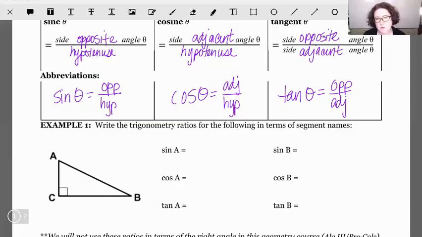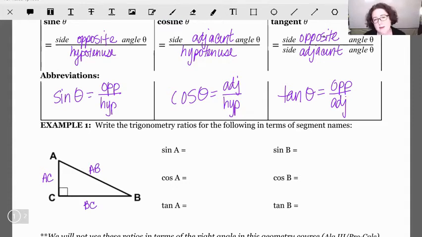So let's look at example one and start filling in some actual values to write equations. We're going to use the segment names on here, so again, it might help to label. We have segment AC, segment BC or CB, either one would be fine, and then we have our hypotenuse segment AB. Let's write out ratios with these values.